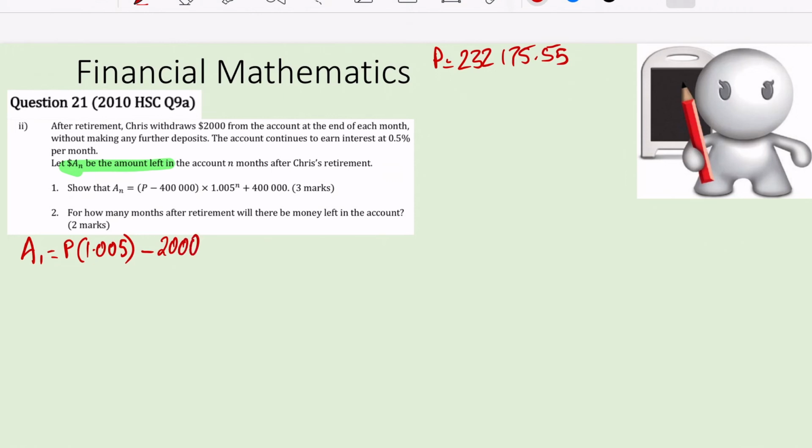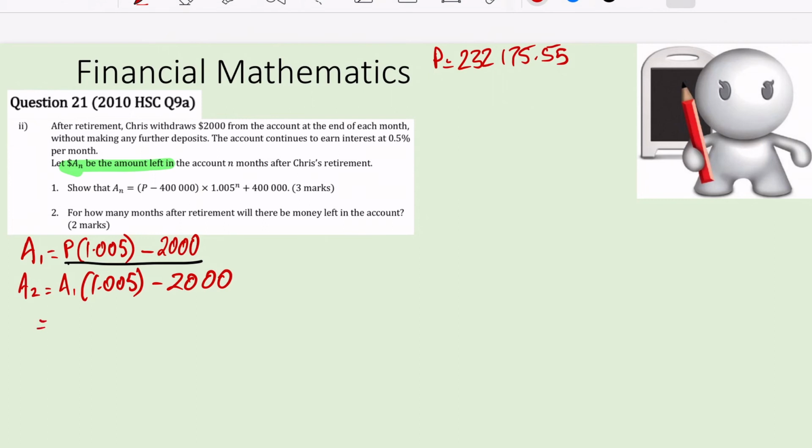Okay, so that's what's happening there. Now in the second month, it's whatever he's got in the first month, and there it is written there. It's going to earn interest, and then he makes another withdrawal.